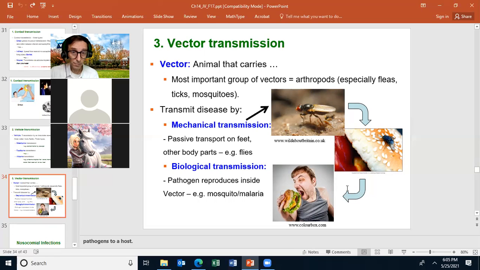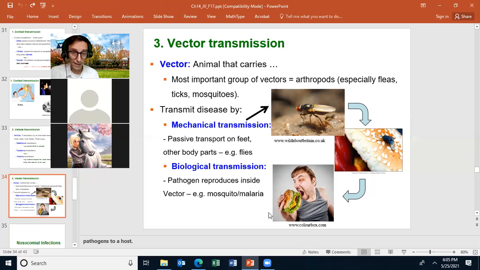That differs from biological transmission, where the pathogen reproduces inside the vector, and then the vector spreads the disease to the patient.